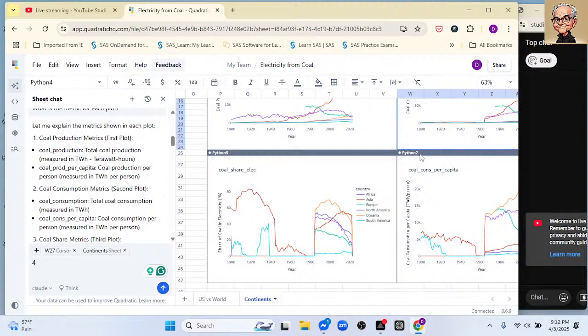Coal share, so the share of electricity generated from coal. Once again, Asia saw a big spike, but then it appeared to fall. But now it's up around 60%, it looks like. And coal consumption per capita. So this is what, terawatt hours per person.